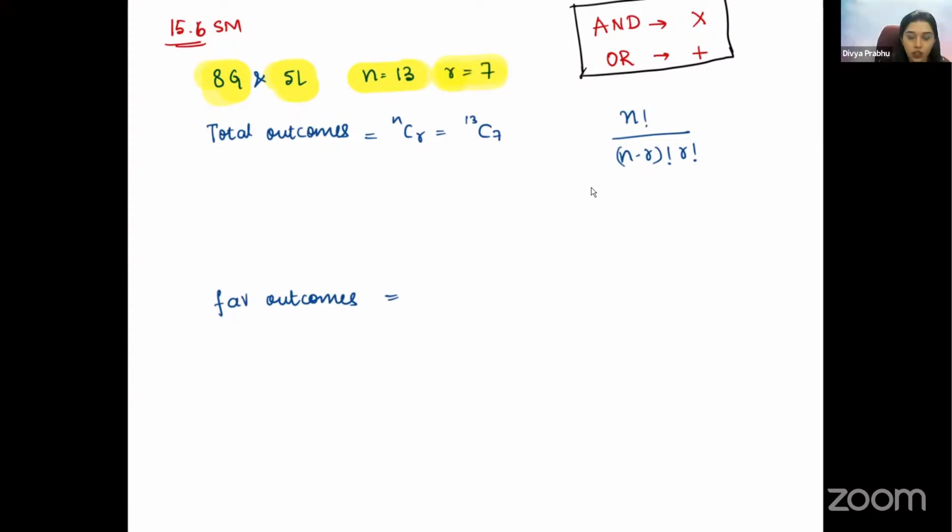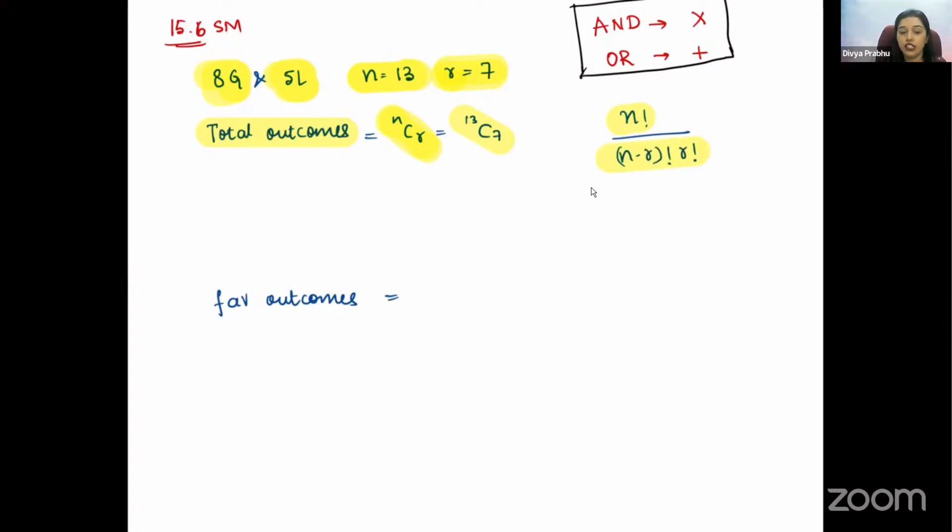First, always calculate the total number of outcomes. So total outcomes will be nCr. n is 13, r is 7, so it is 13C7. Now, whenever nCr is given, how do we find it? Using the formula n factorial divided by (n minus r) factorial into r factorial.